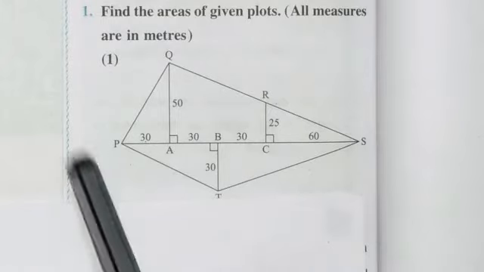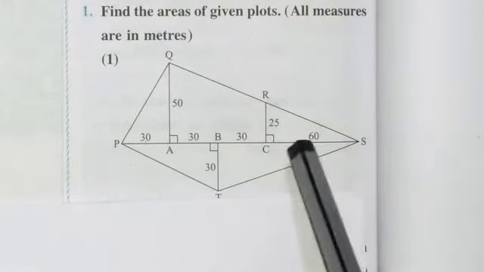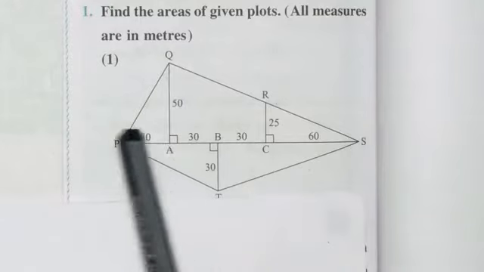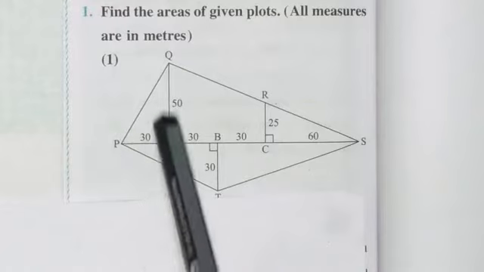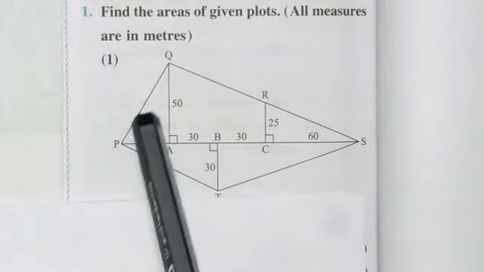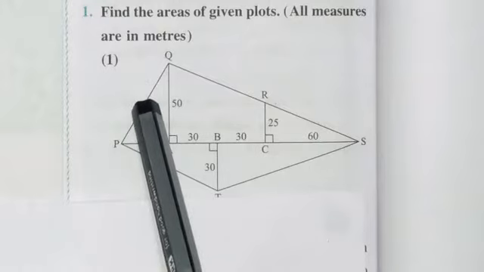So to find out the area of this whole plot, we have to think about geometrical shapes. So here students, this starting one is nothing but one type of triangle, a right angle triangle. So we can find out the area of this part.